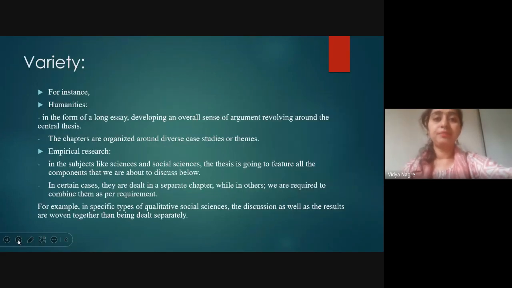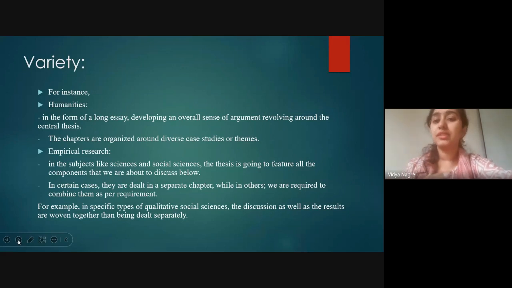Next slide, please. Yeah. So, as I said, the type of methodologies or the type of writing thesis is different and it is a little discipline specific. For example, in humanities, the piece of writing is always in a large form of argument and it revolves around the central thesis. The chapters are organized around diverse case studies and themes.